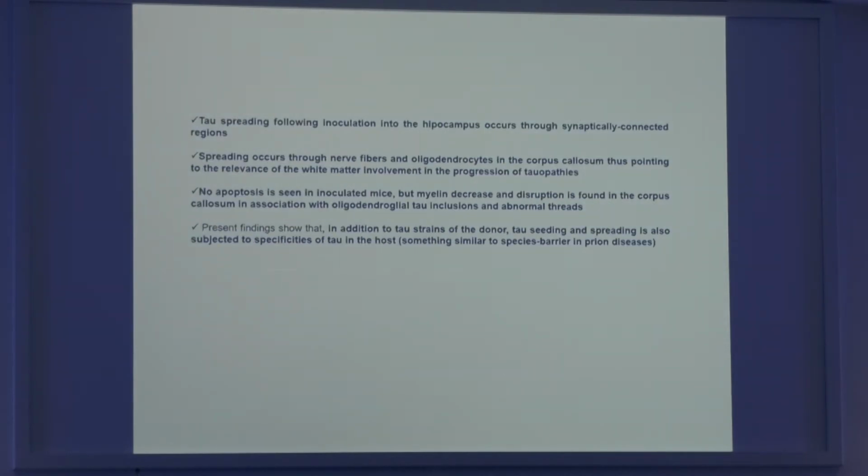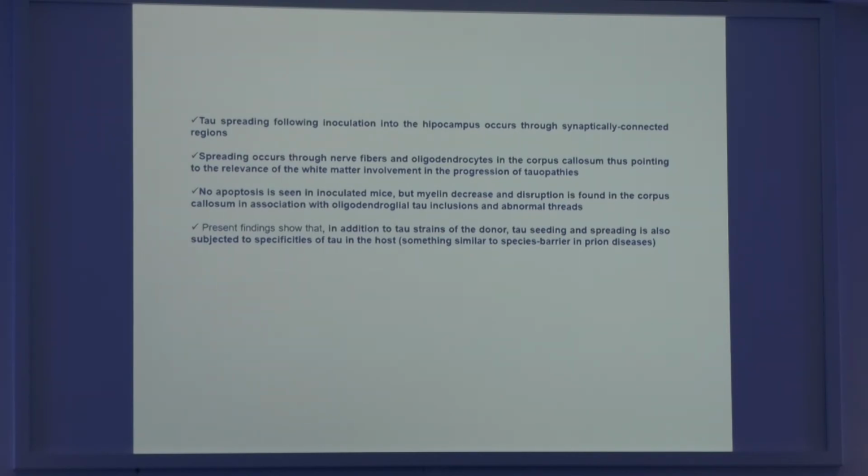And what is interesting is that probably synaptic connections are important in tau seeding and spreading between neurons, but probably this is not the mechanism regarding oligodendrocytes. On the other hand, oligodendrocytes are the main targets of these tau deposits.